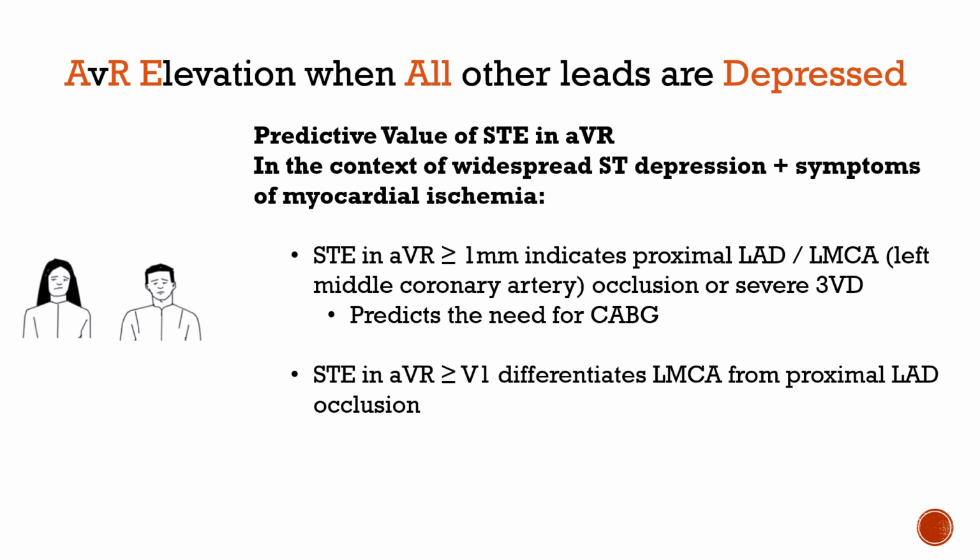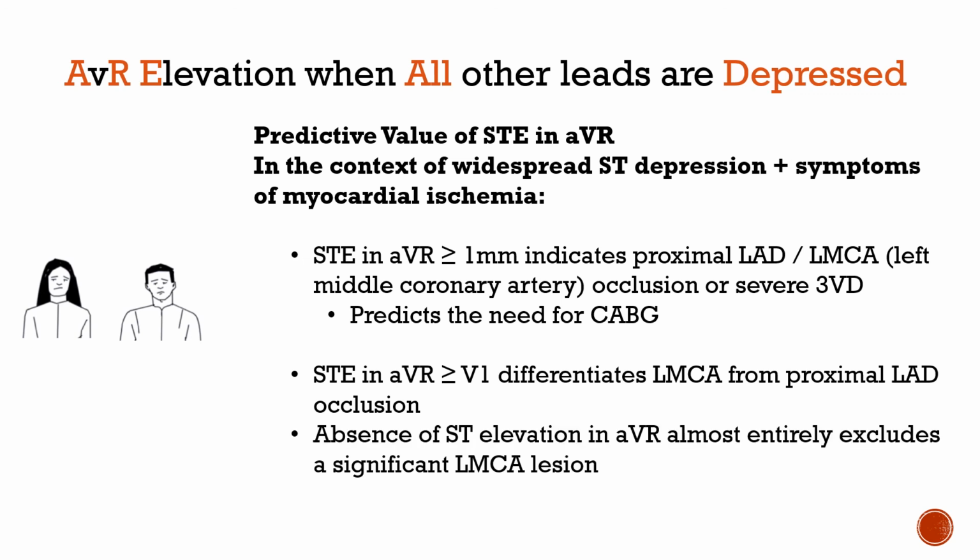ST elevation in aVR greater than V1 differentiates left main coronary artery from proximal LAD occlusion. Absence of ST elevation in aVR almost entirely excludes a significant left main coronary artery lesion.